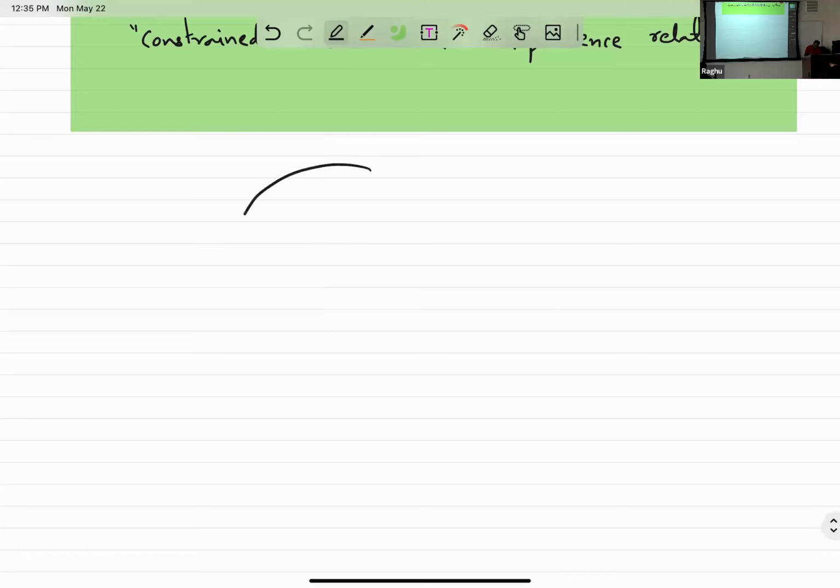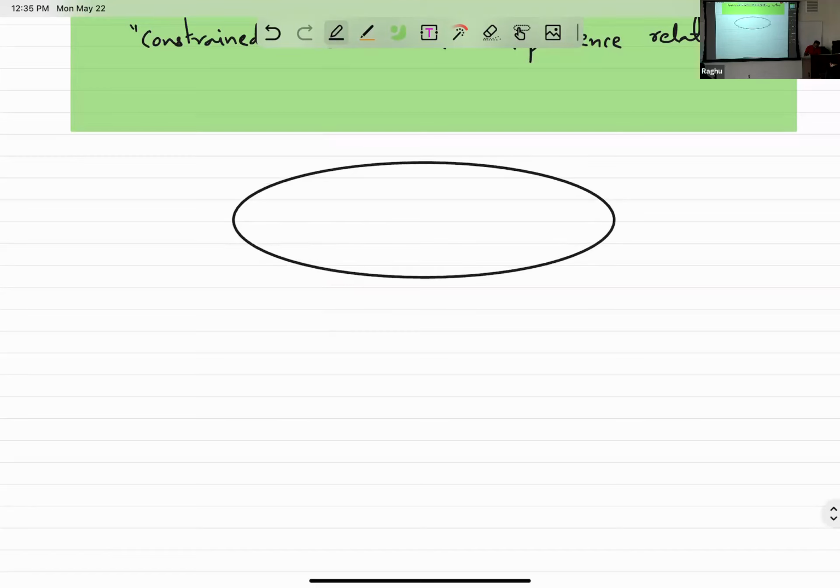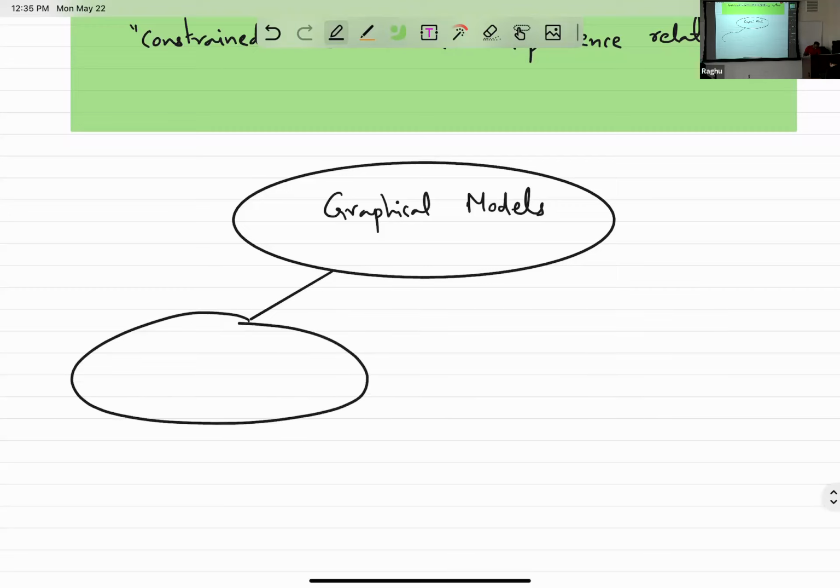All right. So let's think graphical models. We're going to specify conditional independence relations. And there are two kinds of graphical models, a broad dichotomy.